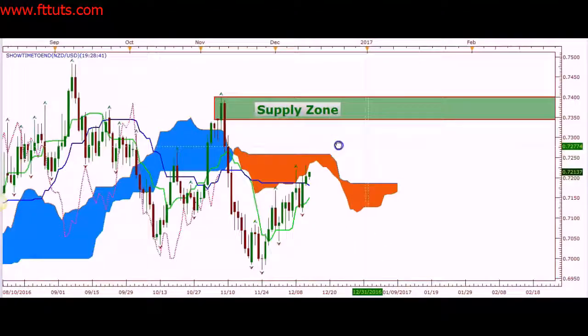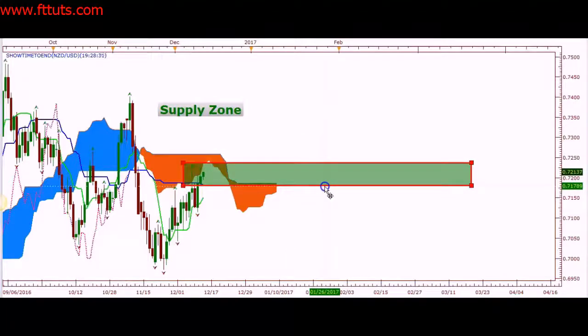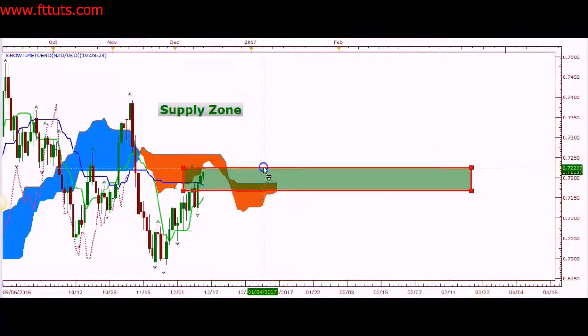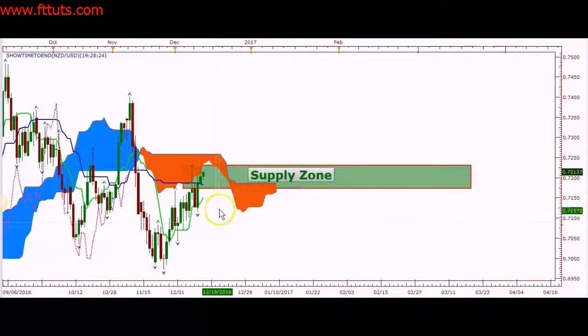Now say your zone, basically, we'll get into it more when I show you some real examples. But suppose this was your zone right here, right? And you're below the cloud. Well, now you know you want to trade to the downside. This would be your supply zone. So suppose price did this, and I'm just saying suppose, so you get an understanding.